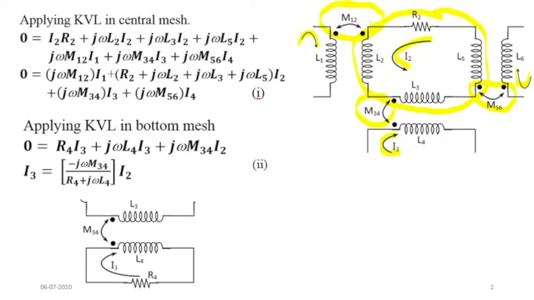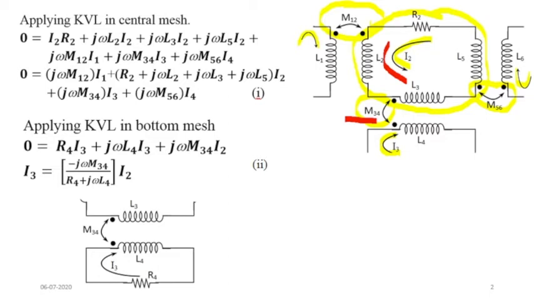Similarly, if we check the status of M34, the current I3 is entering the dotted end, current I2 is also entering the dotted end through L3, and therefore M34 is positive.